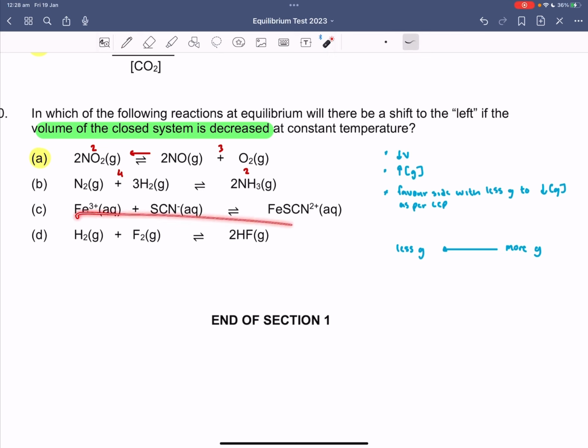This one is dealing with aqueous species, so it's just not relevant. We're only looking at stuff which deals with gaseous species. And then D, there is an equal number of gases on both sides.